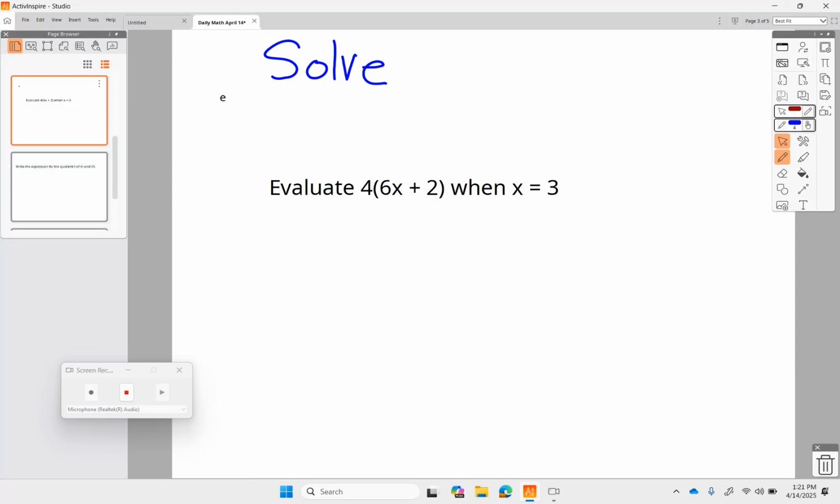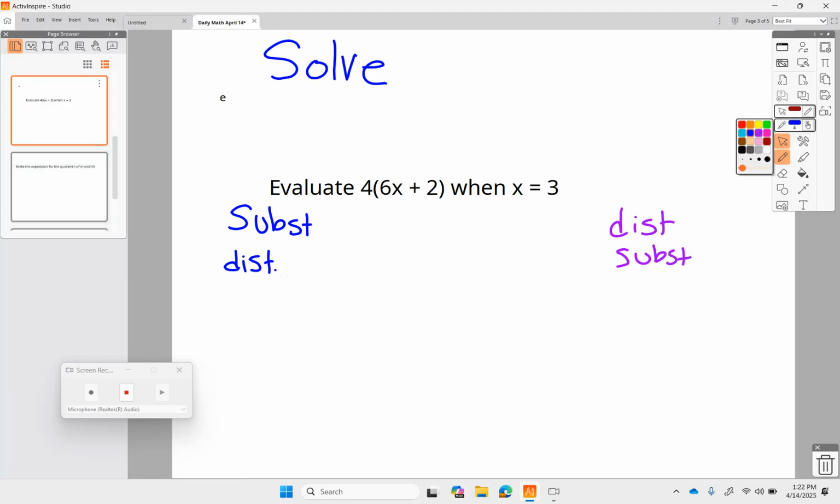We can use substitution and then distribute, or we can distribute and then substitute. So in class, Mrs. VB was saying you can do either order.